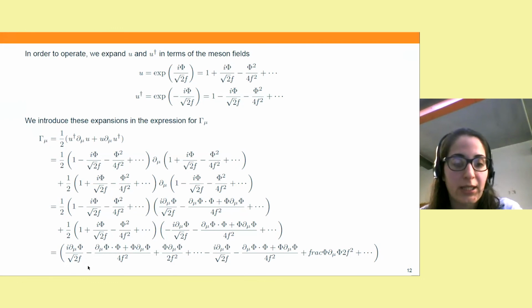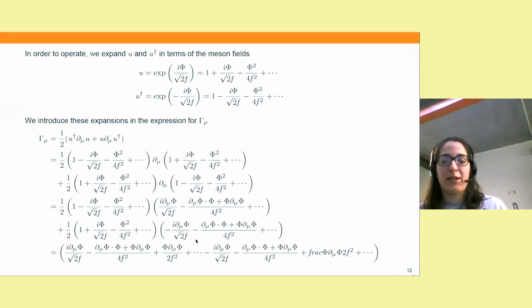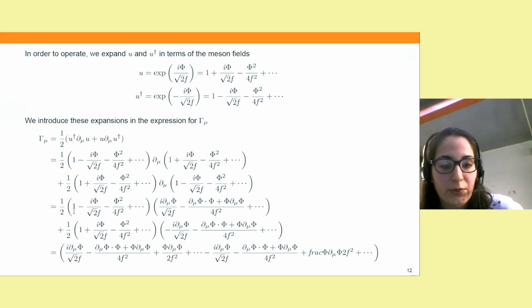So if we do these products now, we will try to keep the least number of fields in our expressions. We see that we have to take this 1 times these 2 terms here. This gives us this here, but we have a contribution from a derivative on the phi field times a field.